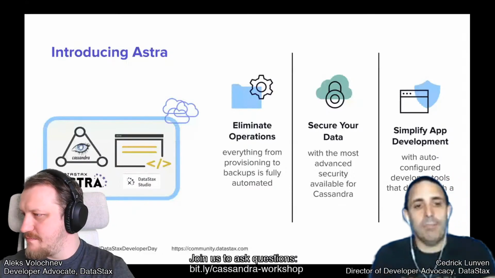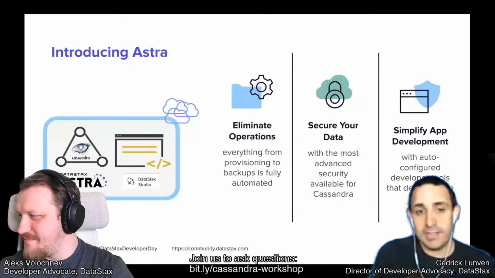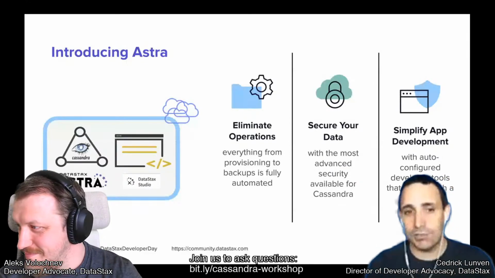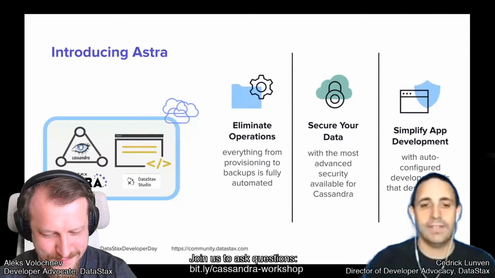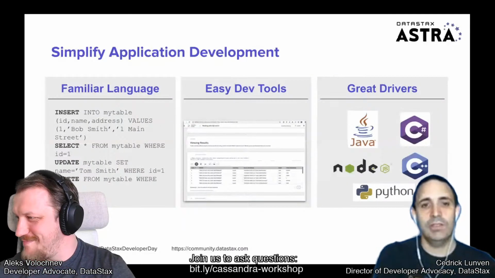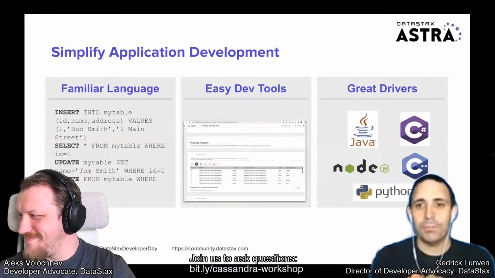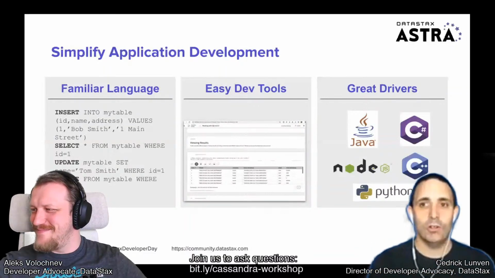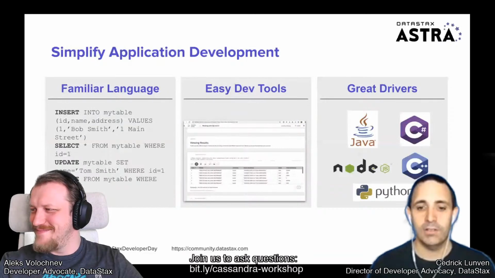We provide both the Cassandra database and tools to develop on top of it, like DataStax Studio. And you will work today with DataStax Studio. We will use CQL, Cassandra Query Language, in the Studio, and we can also use any of the drivers to work with Astra. So let's go.